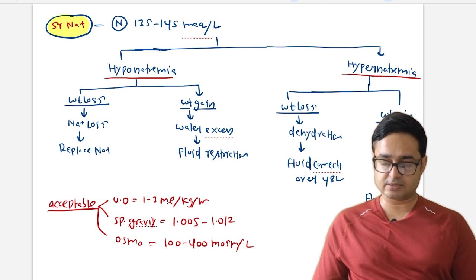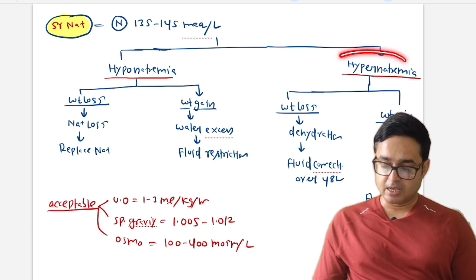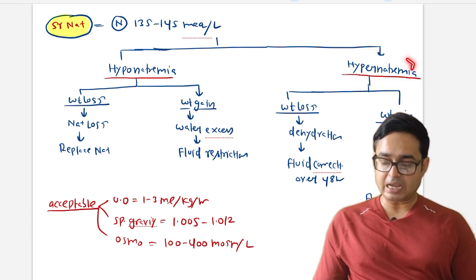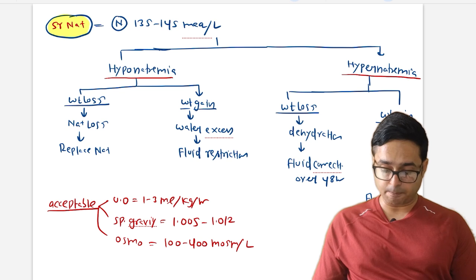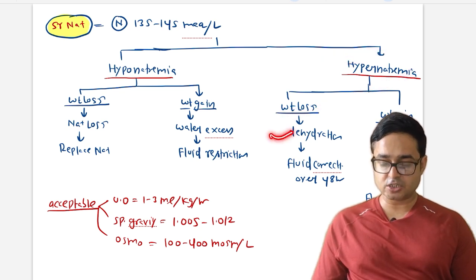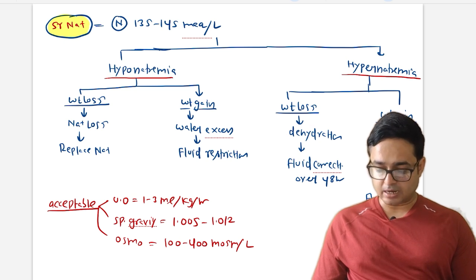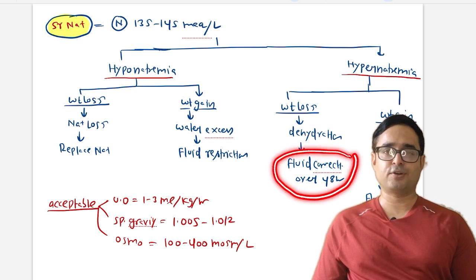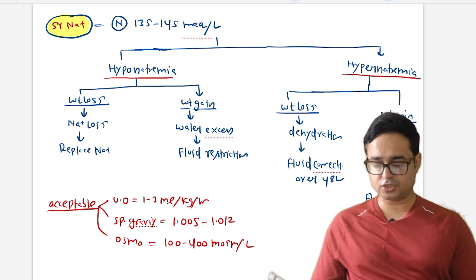Just remember this. Hypernatremia. Similarly, if you found hypernatremia in a neonate, just see weight loss is there or not. Weight loss plus hypernatremia is suggestive of dehydration, my dear friend. You have to correct fluid over 48 hours, not fast correction.